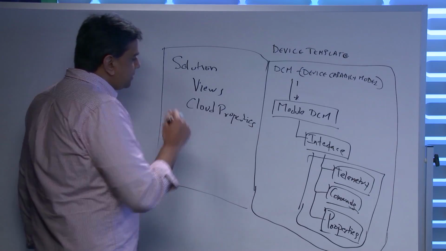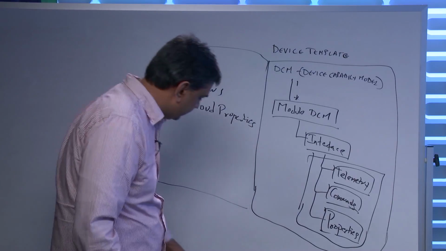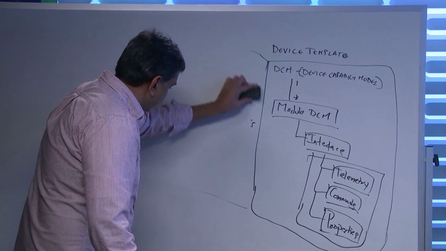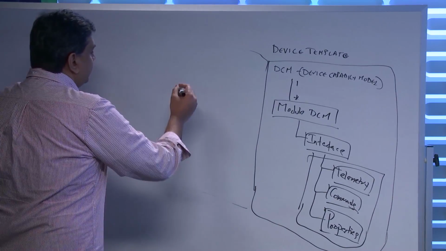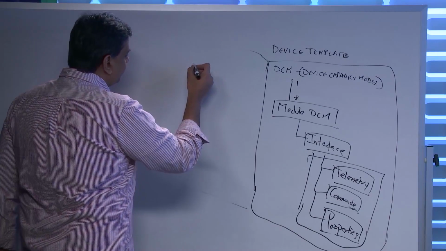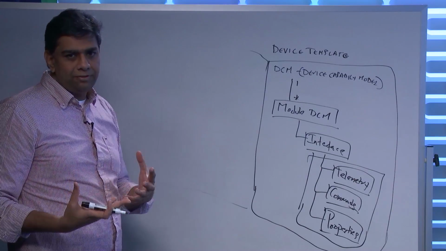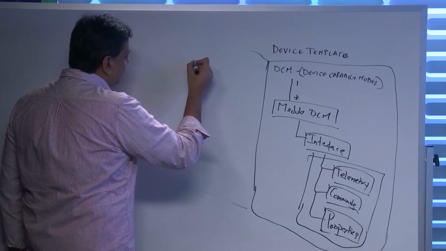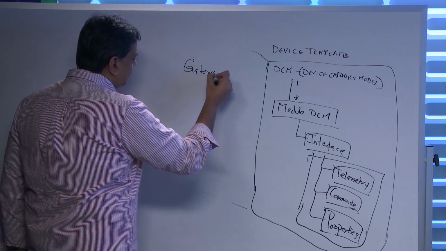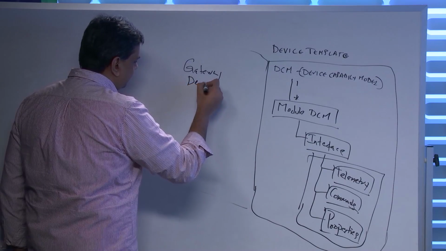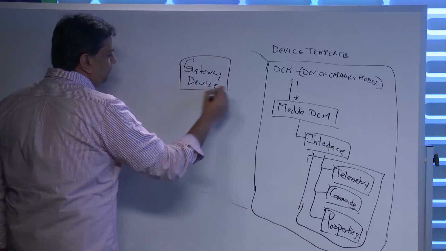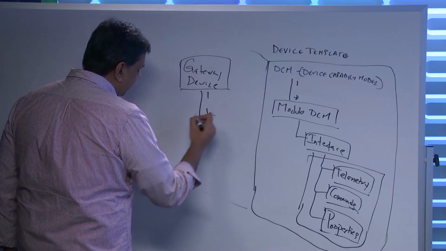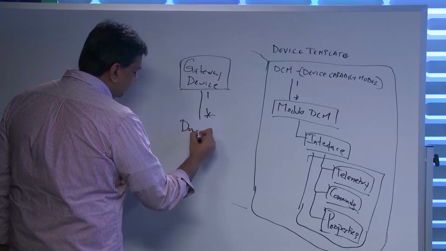And also what we have done is, I'll probably take this side. If you look at another thing we have done, we have created something called relationships. So for example, if you have a gateway device, we have added relationships where you can create one-to-many downstream device relationships.